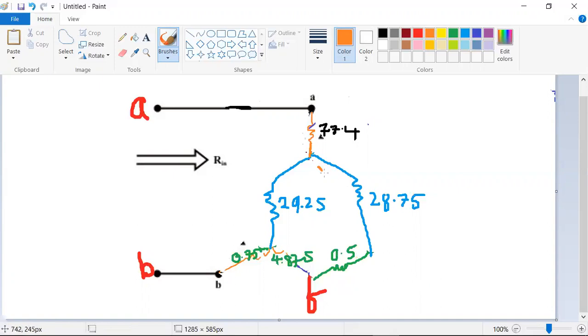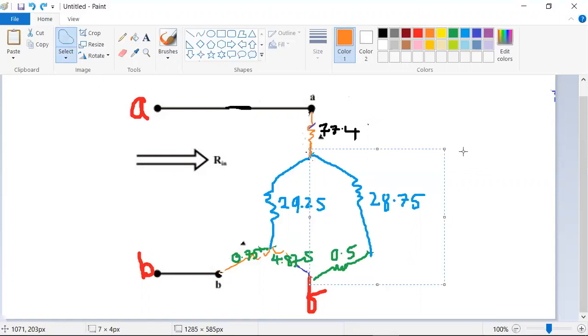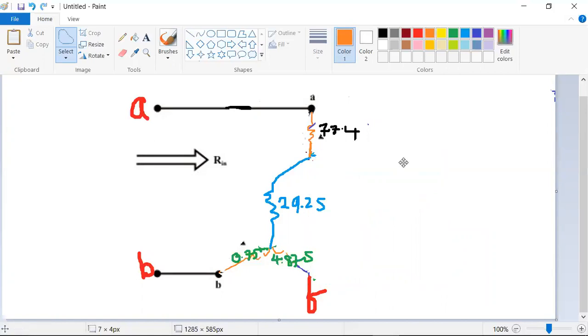By adding these two resistors, the value will be 29.25. I'm going to remove this circuit. Then that will be 29.25.